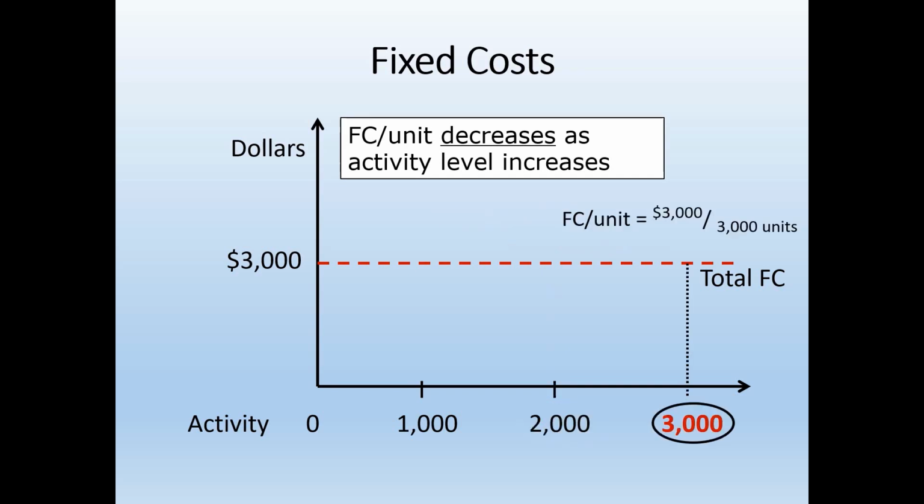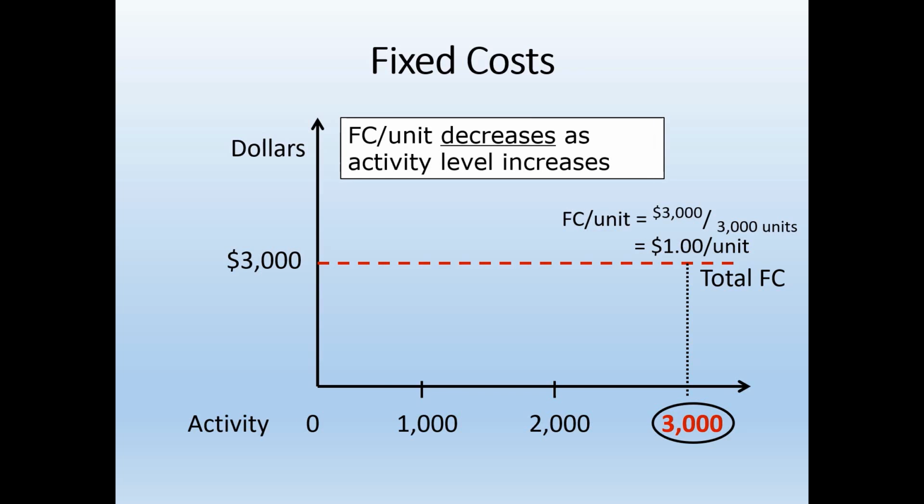And if the firm expected to make 3,000 units, it would divide the $3,000 total fixed cost by the 3,000 units that it expected to make, and each unit would only have to carry $1 of fixed cost.